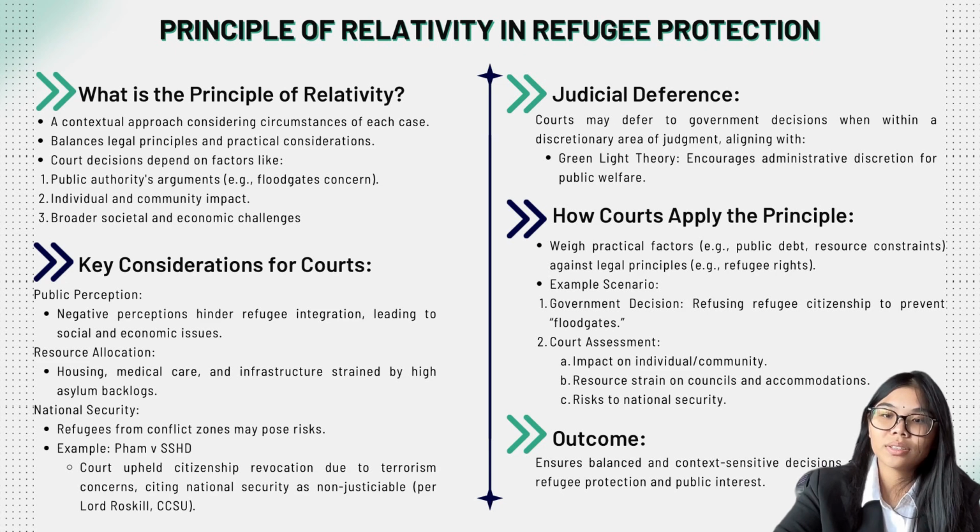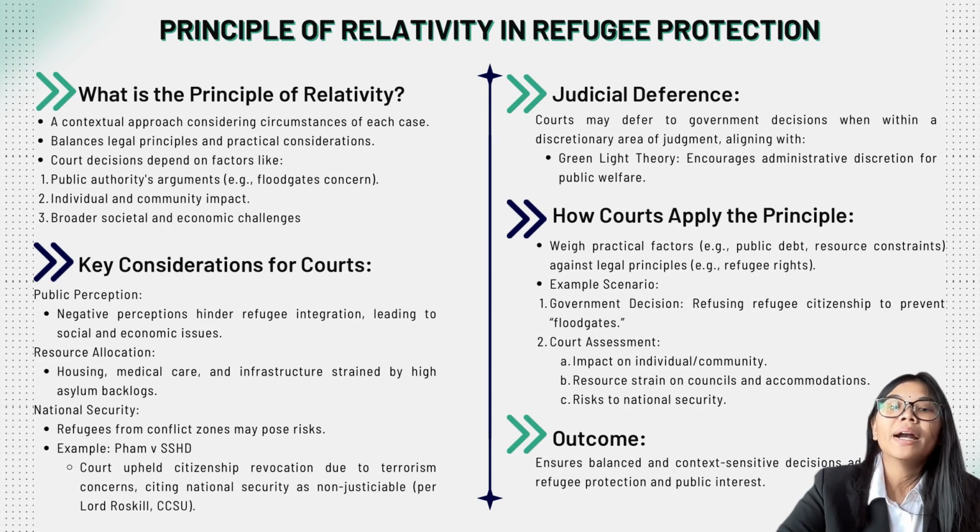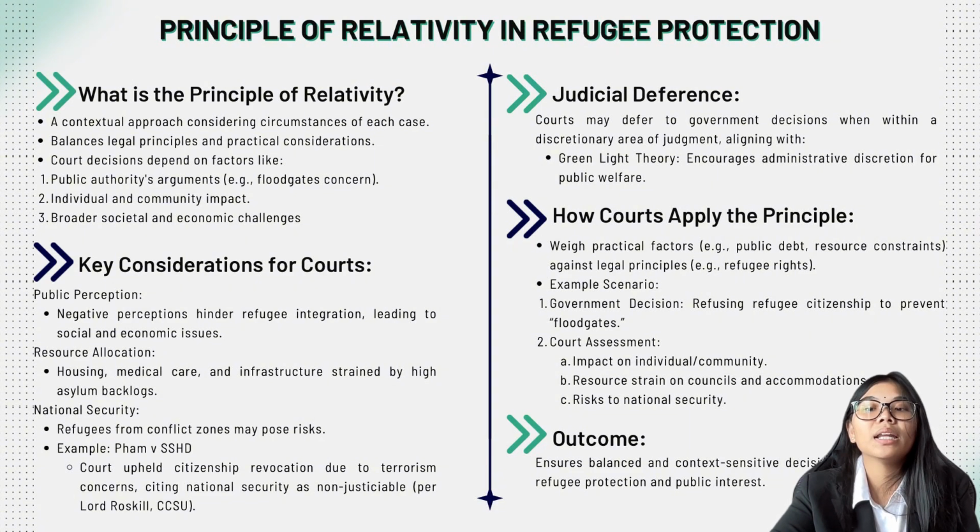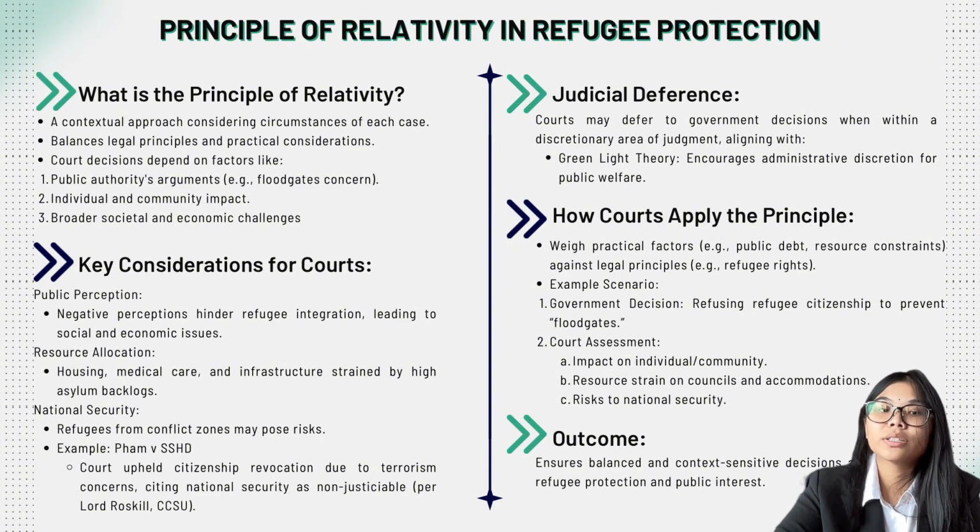This case illustrates that if national security is at risk, the courts are inclined to decide in favor of the decision of the government. National security is also one of the six non-justiciable matters laid down by Lord Roskill in CCSU.